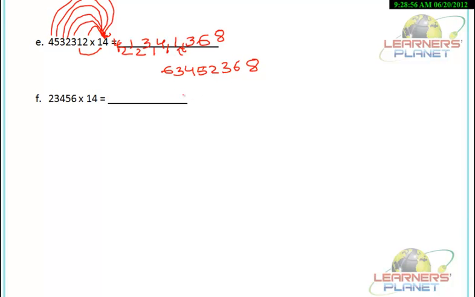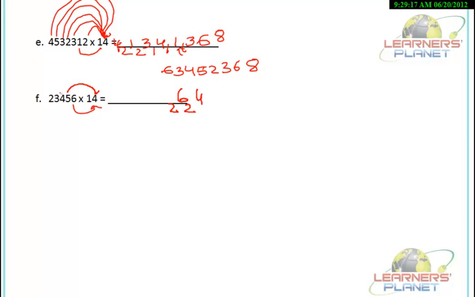Now let's do this problem. 6 fours are 24. We'll write. Then 5 fours are 20 plus 6, 26.